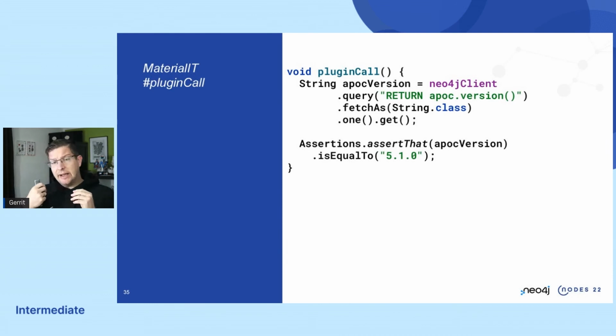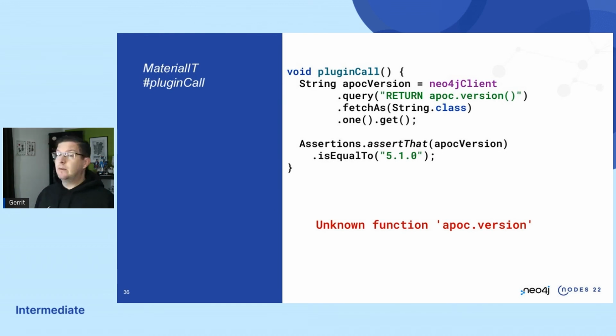So I use the Neo4j client and want to figure out which version of APOC is installed in my freshly started container. And the Neo4j database within the container will happily answer, I don't know, because I don't know the function you're calling.